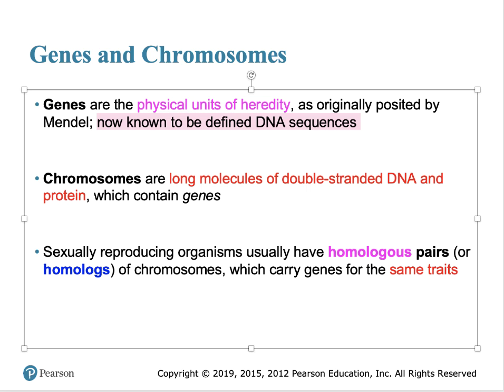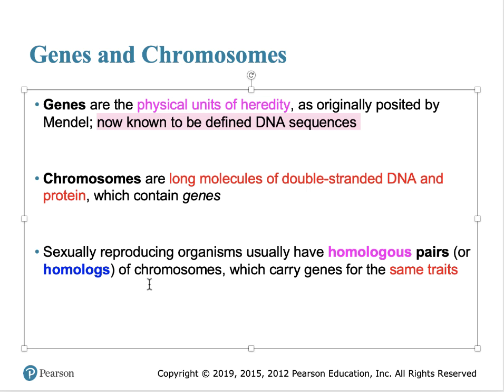Likewise, the definition of chromosomes, according to Chapter 1, is that they are long molecules of double-stranded DNA associated with proteins, and they contain genes at various positions along their lengths. Most sexually reproducing organisms, plants, animals, and fungi, usually have 2 copies of chromosomes of the same exact type, known as homologous pairs, or homologs for short.